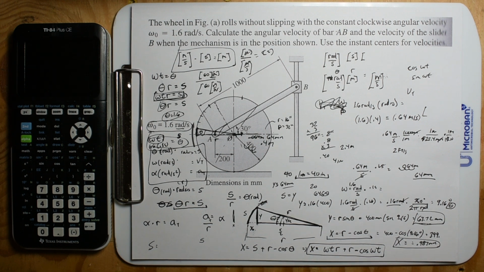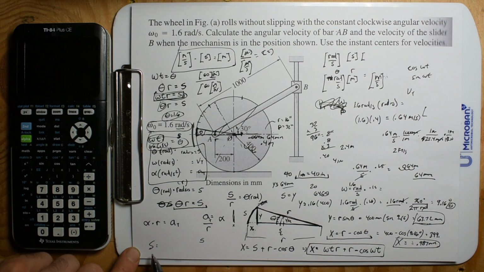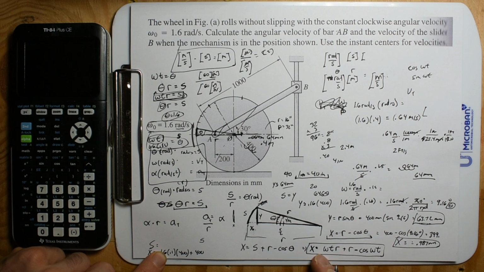All right. So let's just do it up. So x is equal to 1.6 times 0.1 times 400 plus 400. And you could even factor out this r if you wanted to.